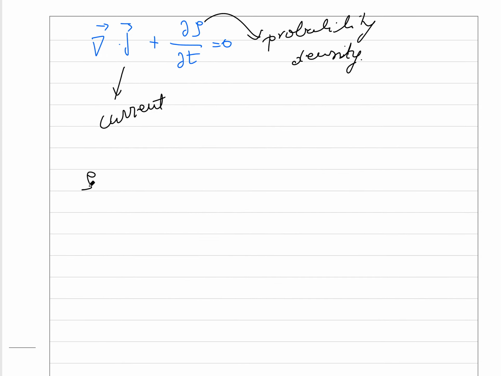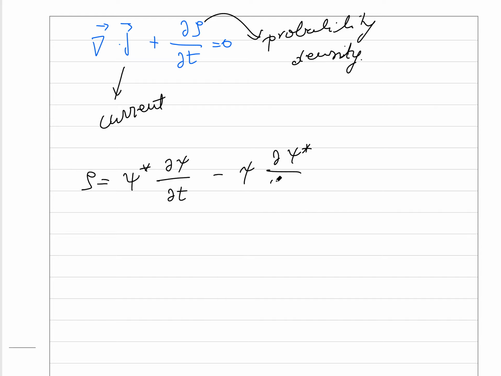So the probability density rho is psi star partial of psi partial of t minus psi partial of psi star partial of t.